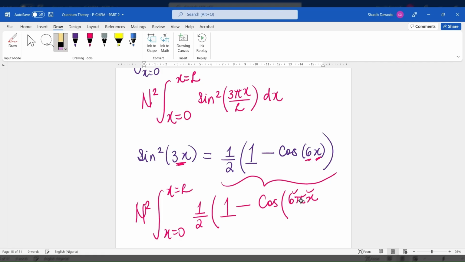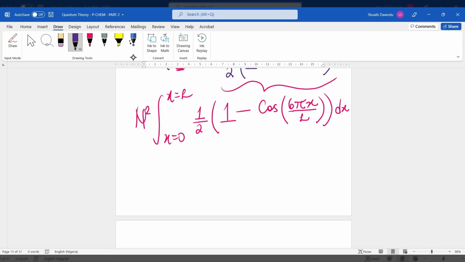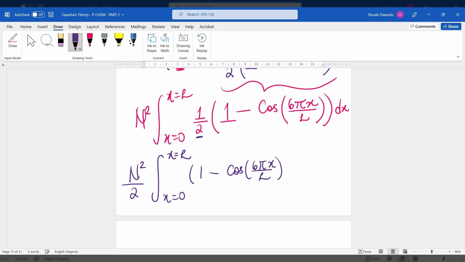So great job. 6 pi x divided by L, dx. So that is it. Of course, 1 over 2 is a constant. Our knowledge of calculus tells us that we can just simply bring that out. So that will be n squared over 2. And now that will be integrating from x equals 0 to x equals L, 1 minus cosine 6 pi x over L dx.